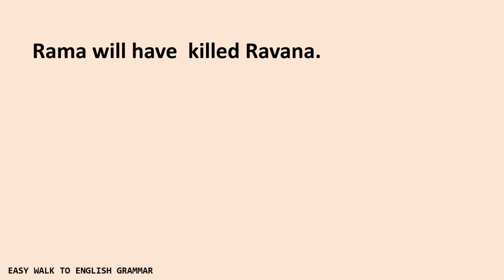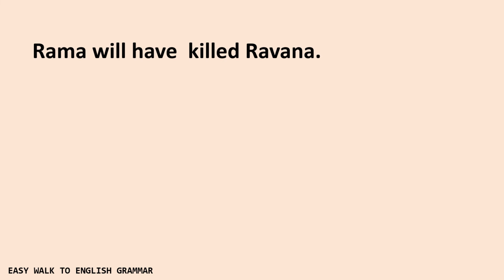A bit before, we learned that after modal auxiliaries, we will use only base forms of the verb. But when we add have after a modal auxiliary, we have to use the past participle form of the verb.